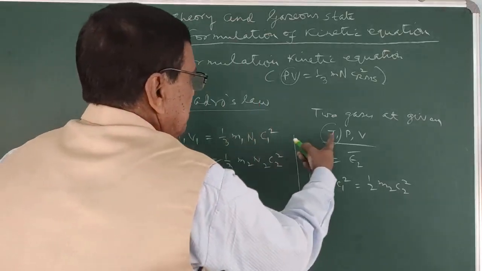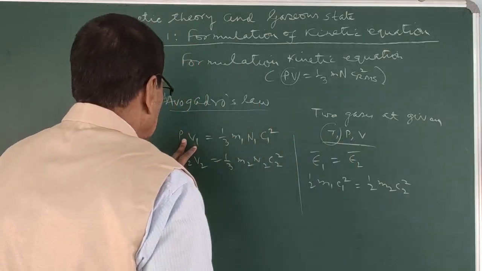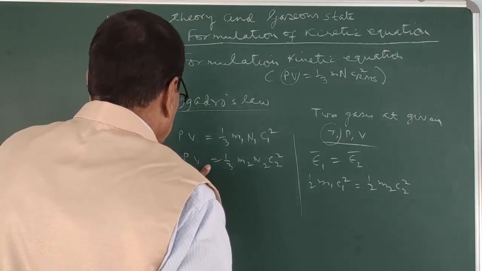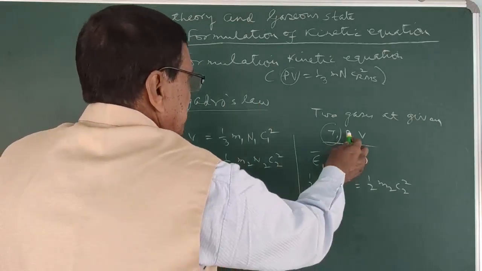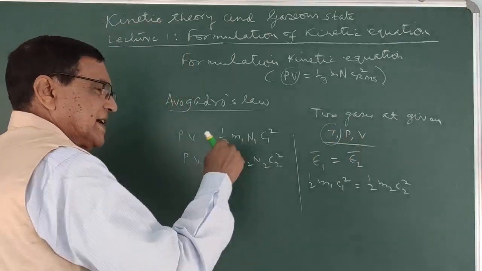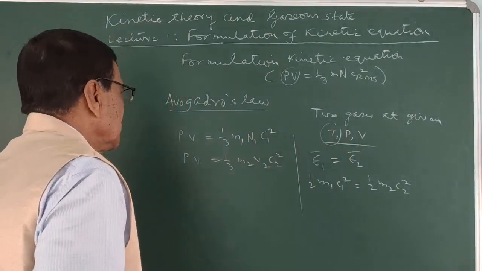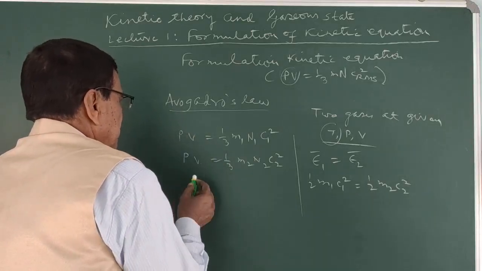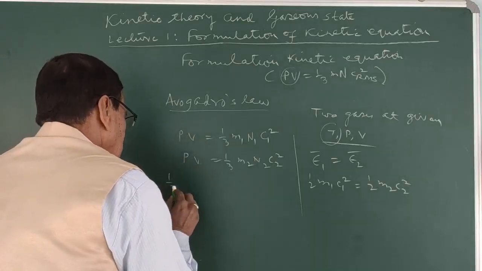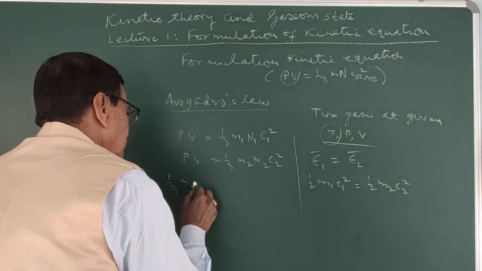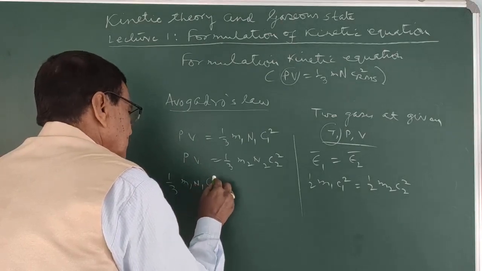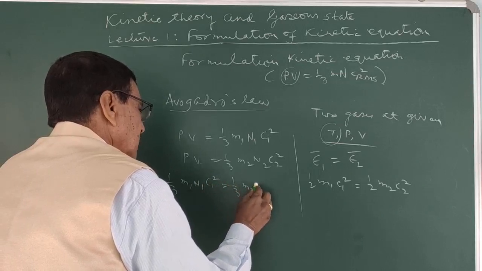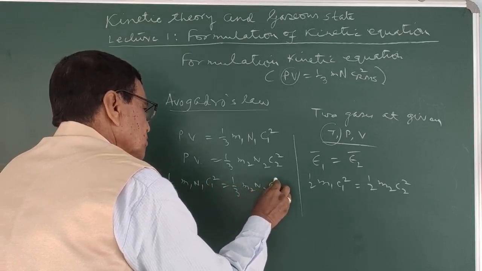Now same pressure and volume, so the two gases have the same PV. So 1/3 m1 N1 C1 square equal to 1/3 m2 N2 C2 square.